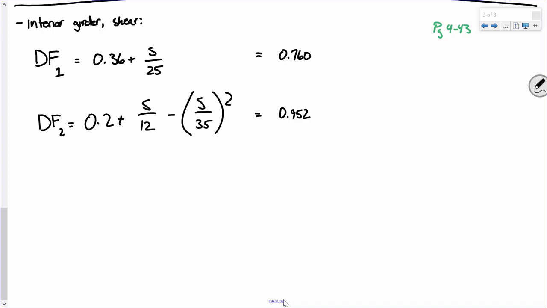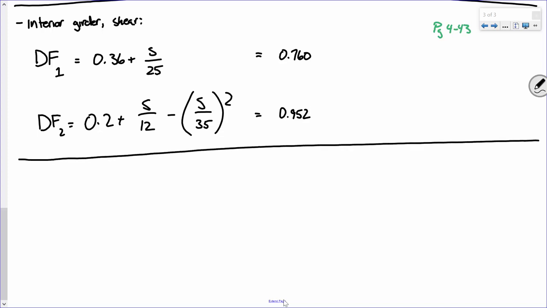But to do exterior girder distribution factors, we got to take a little bit of room on the side, and we got to do a lever rule analysis. So let's draw a line in the sand.